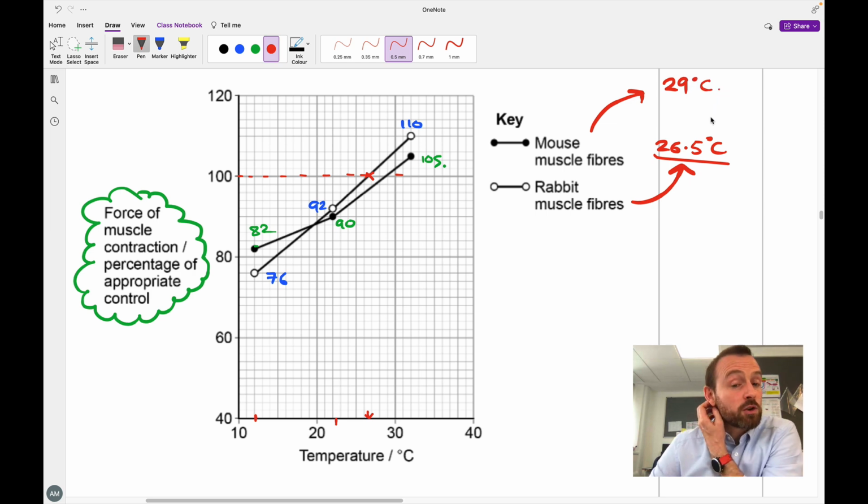So for the mouse, greater than 29 degrees C gives a greater force of contraction. So quoting those numbers, below these values the force is lower, and above these values the force is higher. So the data gives a mark for and a mark against.